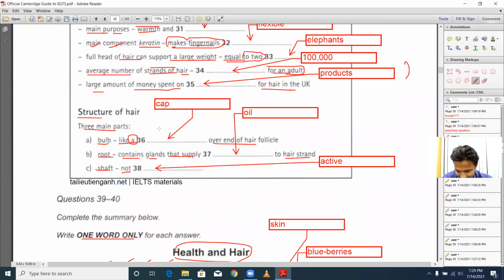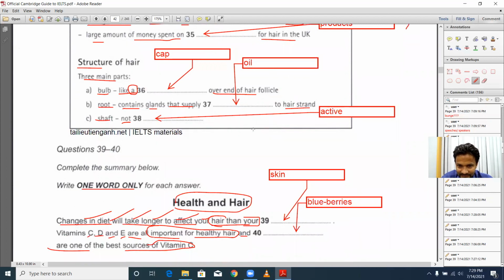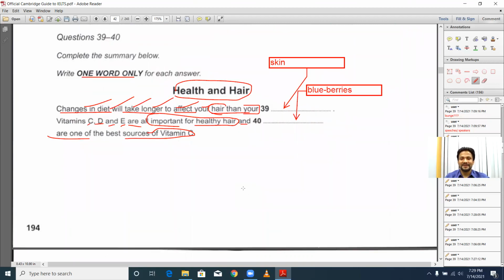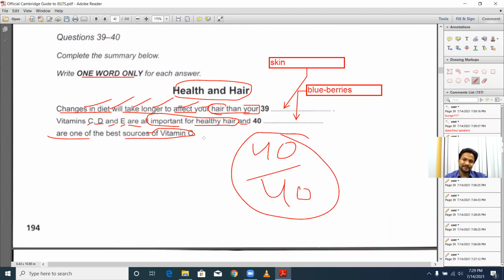And then 36 is cap, pretty fine. Oil, pretty fine. Active, pretty fine. Skin, pretty fine. Blueberries, pretty fine. Okay, that's almost 40 out of 40. Exactly, not almost. So this is the perfect band score. So this is band 9 out of 9.